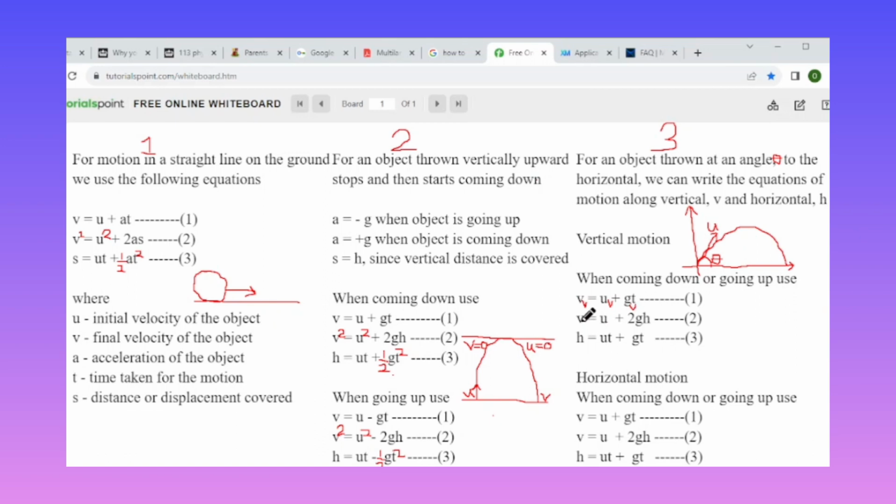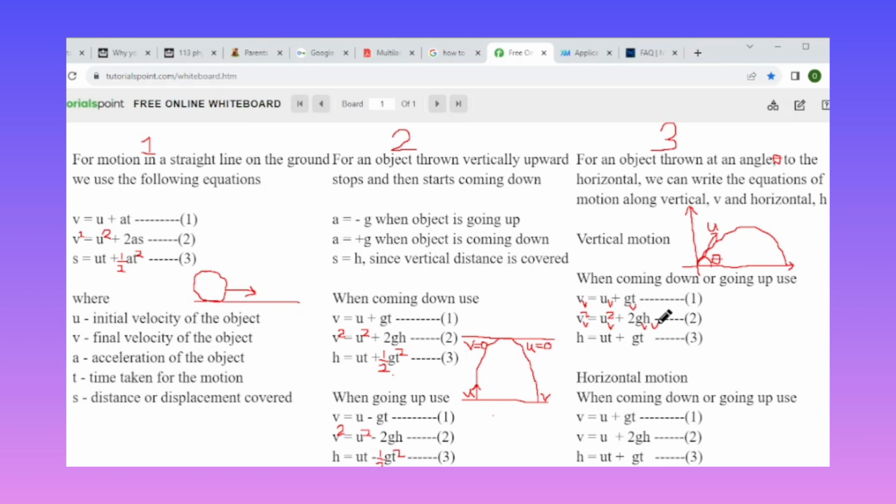For equation 2, we will use v vertical squared is equals to u vertical squared plus 2g vertical h vertical.